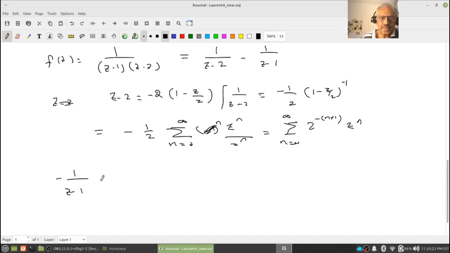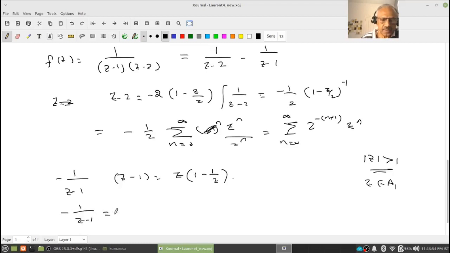Now here, mod z is less than 2, but here mod z is greater than 1, right? Because z is in the annulus, mod z is greater than 1. Therefore, I should take z out of z minus 1, therefore 1 by 1 minus z inverse. Therefore, minus 1 by z minus 1 is going to be minus 1 by z into 1 minus 1 by z inverse.